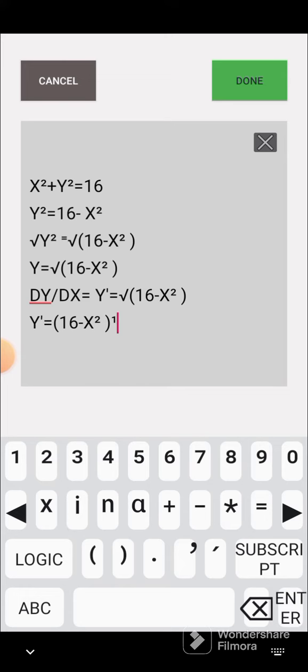So that is 1 over 2, half, which is the same as 0.5. So we have 16 minus x squared, all raised to the power 0.5. Now you have to find the differentiation.